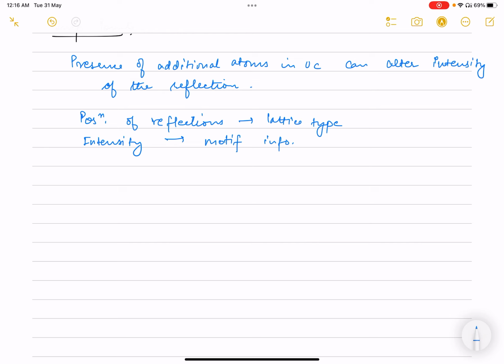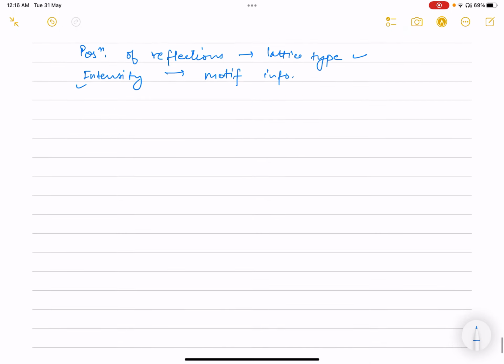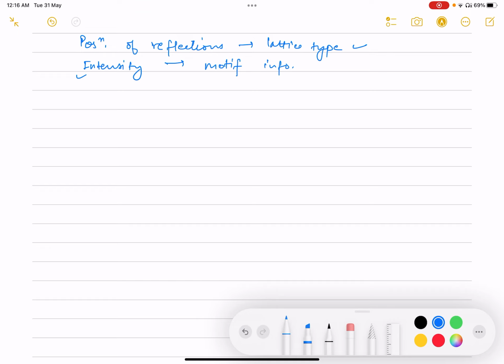So it is clearly defined that lattice information is given by the position and motif information is given by the intensity. But Bragg's equation tells us only about this position.